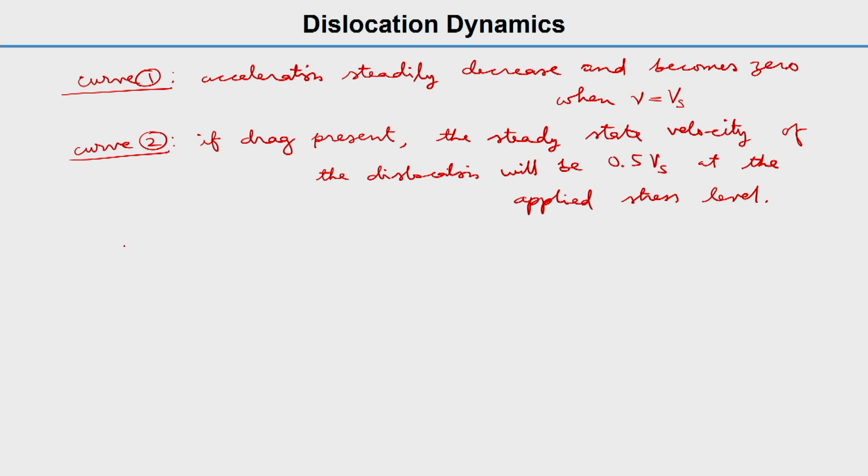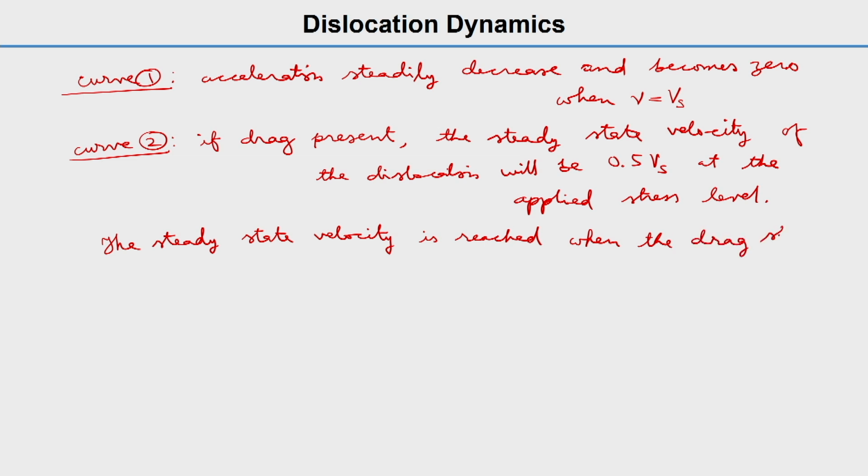And also one important point: the steady state velocity in case 2 is reached when the drag stress becomes equal to the applied stress.